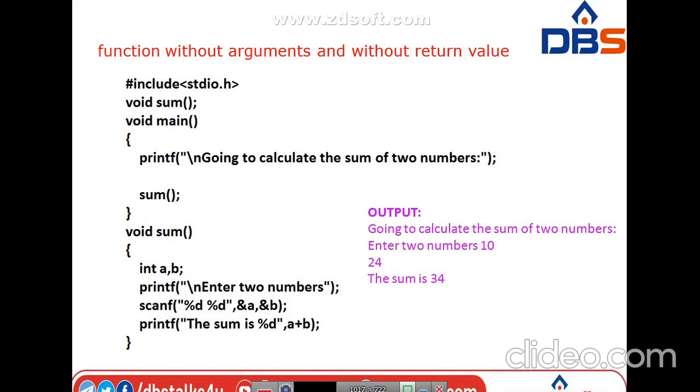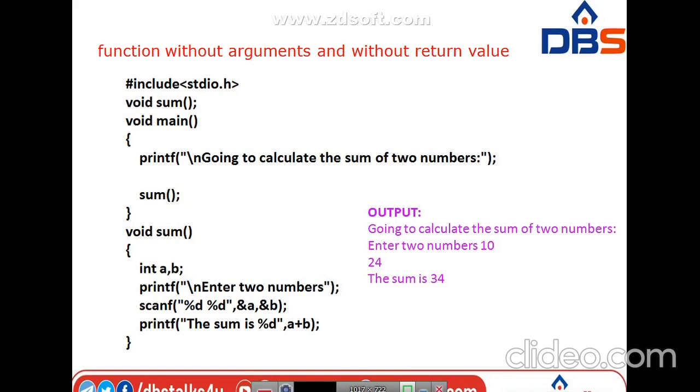The first one is function without arguments and without return value, or simply function with no arguments and no return value. Here we are not using any arguments within the brackets, and at the same time we are not using any return type, that is a data type, before the function name.